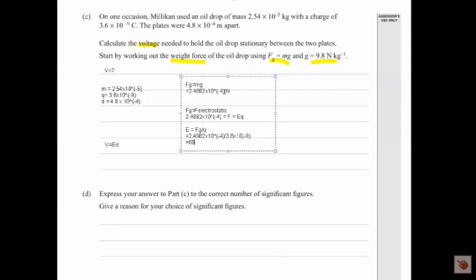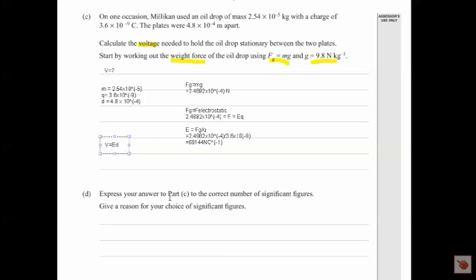Hopefully everything goes right with your calculator, and that equals 69,144 newtons per coulomb. So now we do have the electrostatic field strength here for this equation, which is going to calculate the target question.